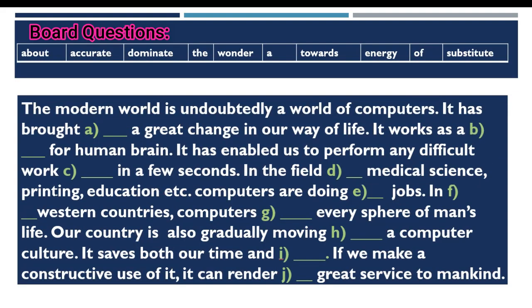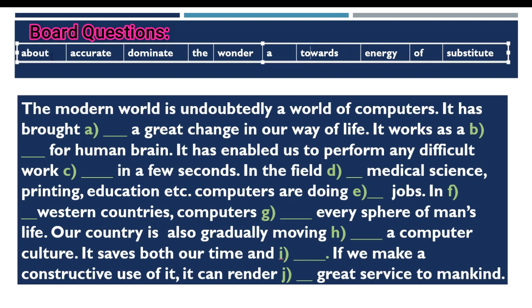Okay, let's move to another exercise. Another exercise about: accurate, dominate, the, wonder, a, towards, energy, of, substitute. These are the clues that are given, and these are common words and we know the meanings.